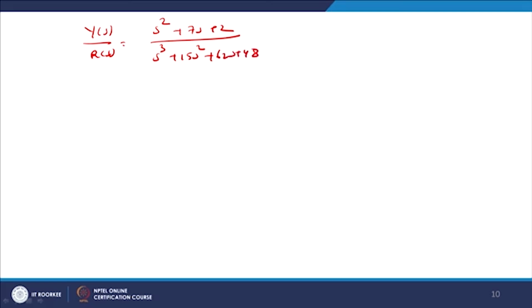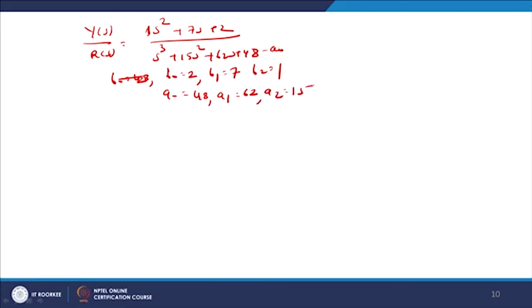Now, in this case the elements are b0 equals 2, b1 equals 7, b2 equals 1. So, these are the elements. Then about a0: a0 equals 48, a1 equals 62, then a2 equals 15.